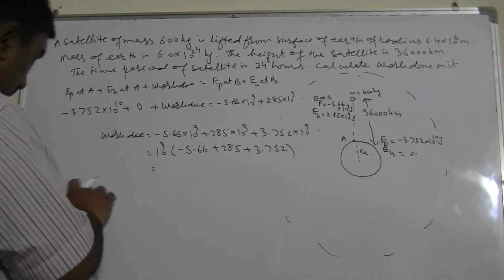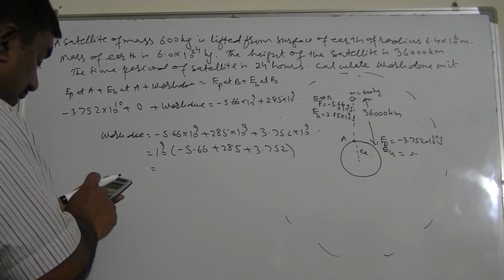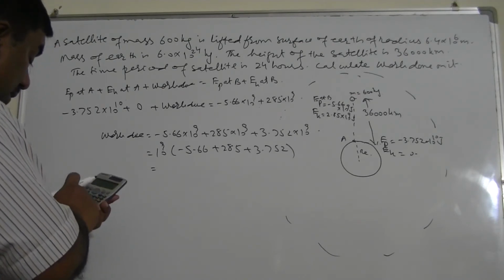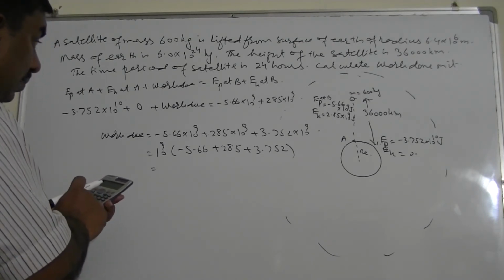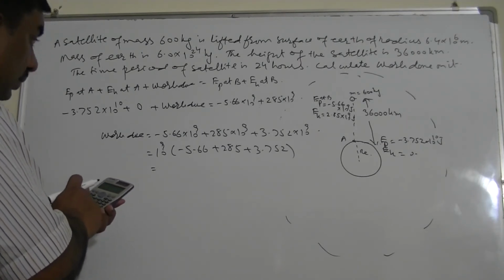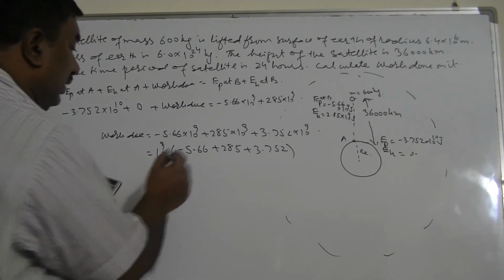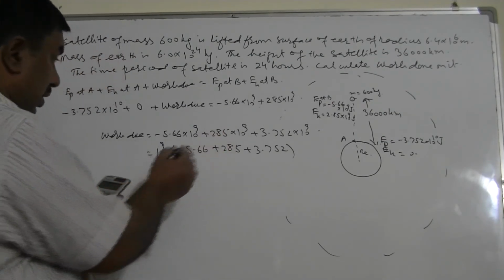So I get minus 5.66 plus 285... it is not 285, it's 2.85, sorry.